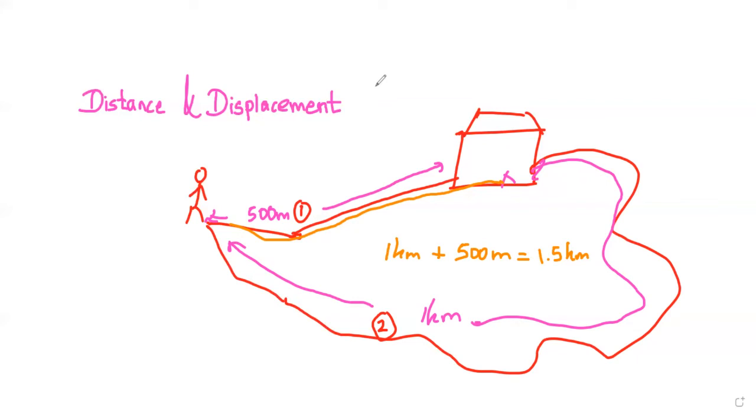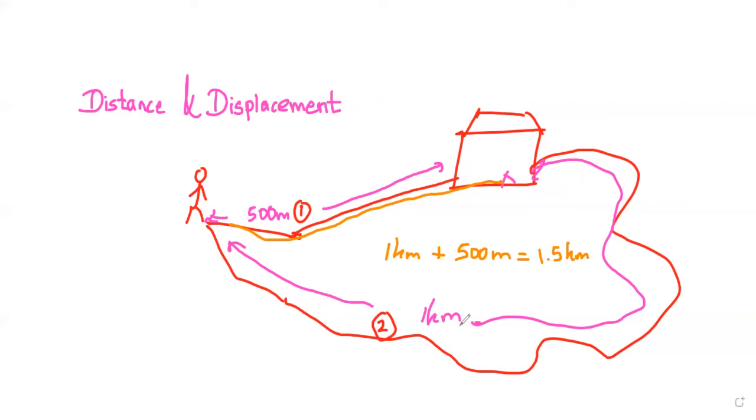Now we are going to move on to displacement. What's the simple difference between distance and displacement? We will learn about scalar quantities as well as vector quantities. Distance is a scalar quantity, which means we are not considering direction.